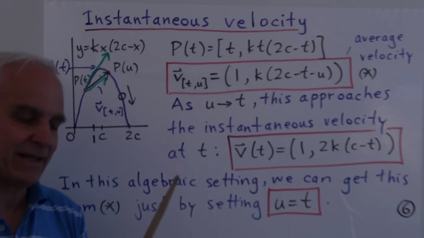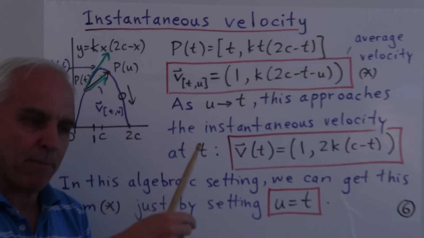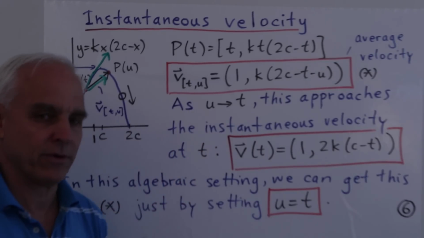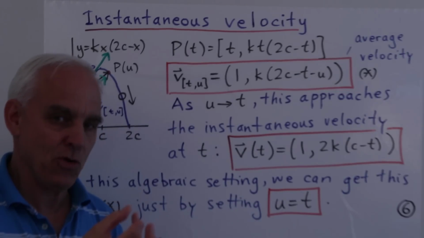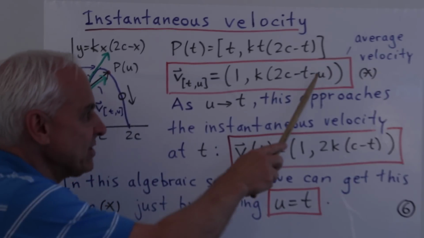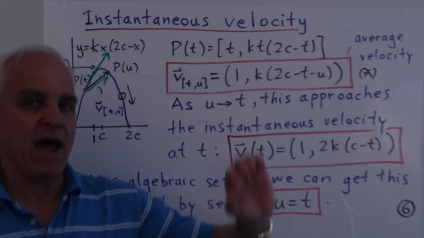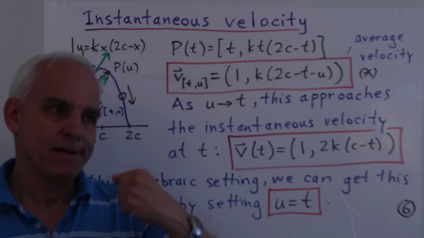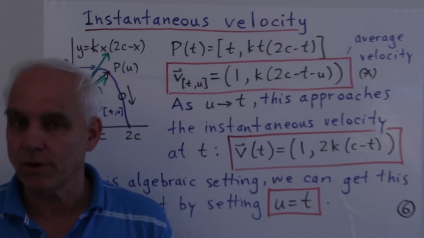We don't have to take a limit where we are going through an infinite number of steps, getting closer and closer and closer. We can just do it all in one step. We just take u and replace it with t. Boom. You replace the u with t and you go immediately from here to here. So we can bypass the limiting argument that is natural from a physical point of view.